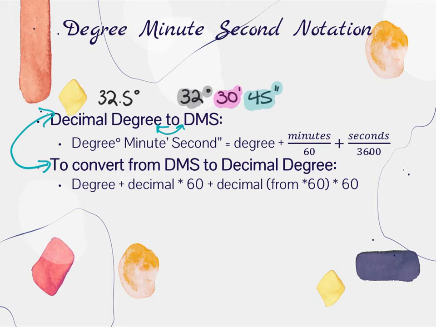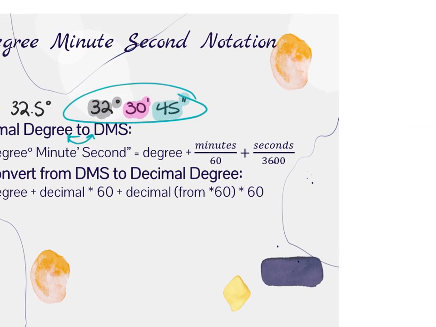To find this in decimal degree, our normal thing, we leave the degree alone, so 32 stays as 32. For the minutes, how many minutes are in an hour? 60. So I take that 30 and divide it by 60.